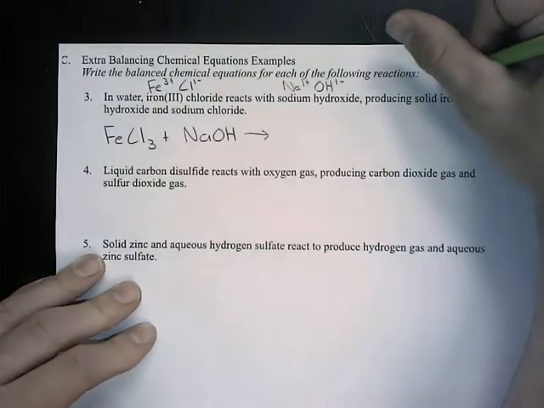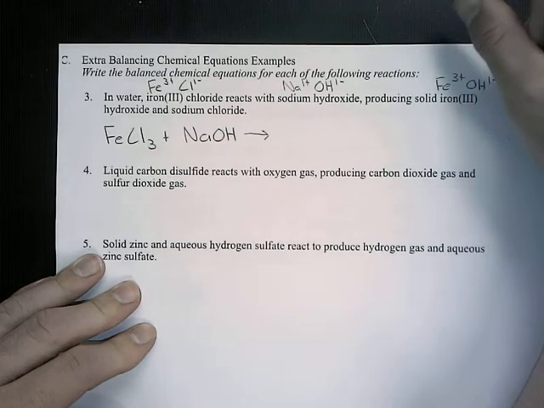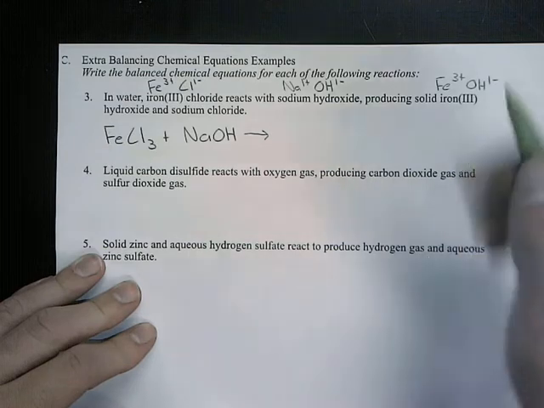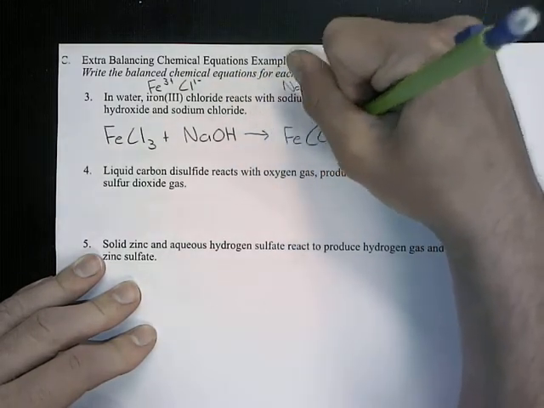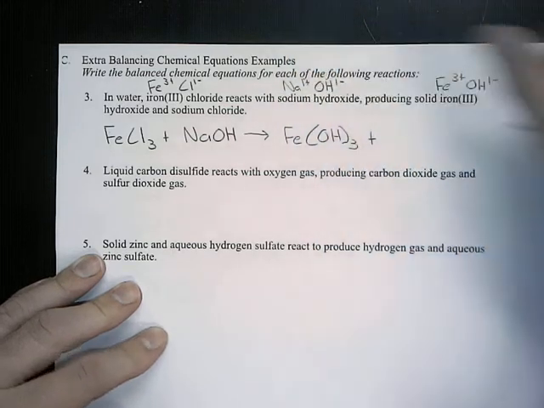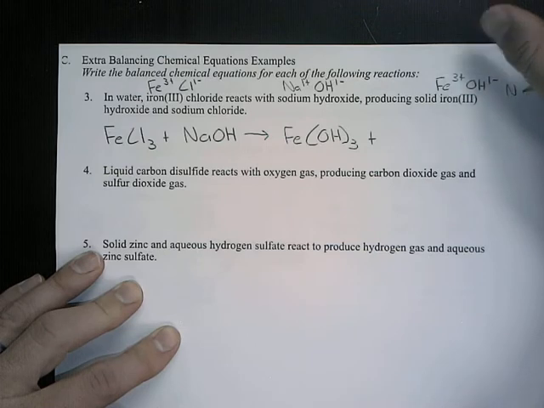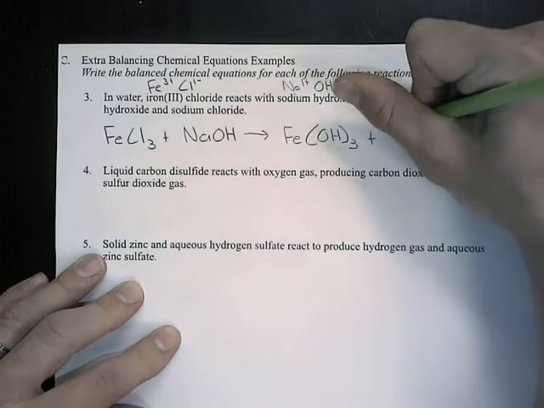So we would have iron Fe 3 plus and hydroxide OH 1 minus. When we have that in formula, it would be Fe(OH)3. And it produces sodium chloride. Sodium is Na 1 plus, chloride is Cl 1 minus, and so that would give us NaCl.